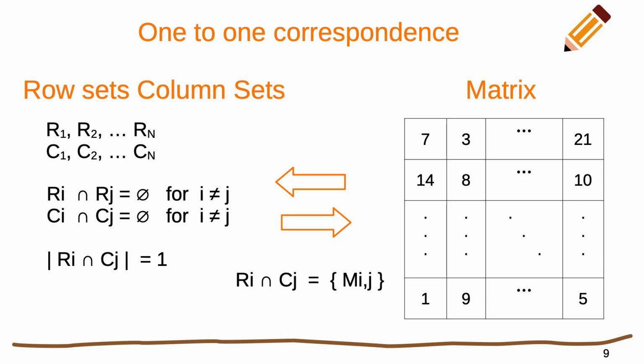Conversely, from the row set column set representation, we can reconstruct all elements of the matrix representation by this formula, again without ambiguity. Thus, the two representations have a one-to-one correspondence and are equivalent.